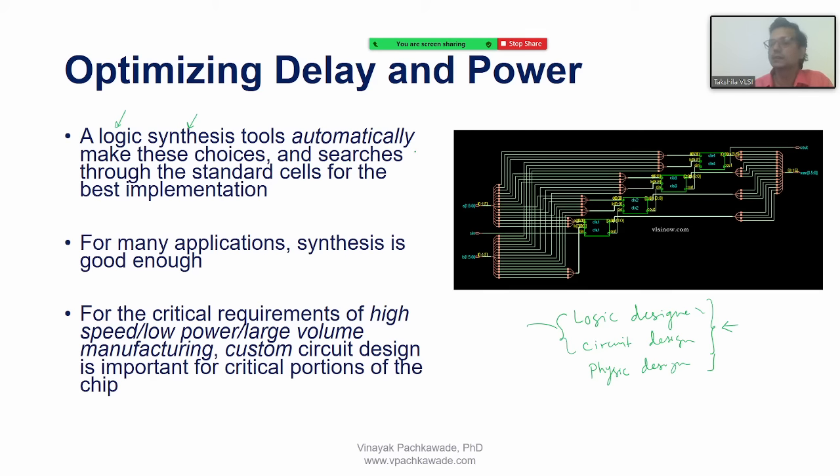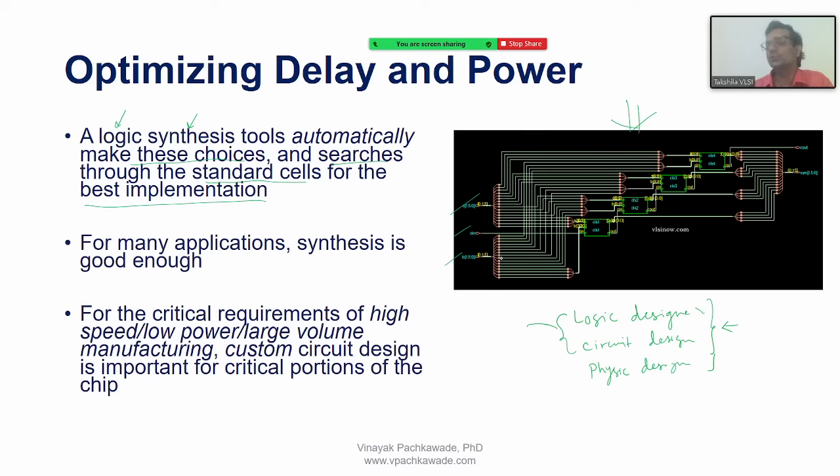The tool is so advanced nowadays that it will make these automatic choices, and the tools will search through these standard IP cells for the best implementation. For example, like is shown here, it will define the input output, because the logic designer will already write the netlist using the structural Verilog code.